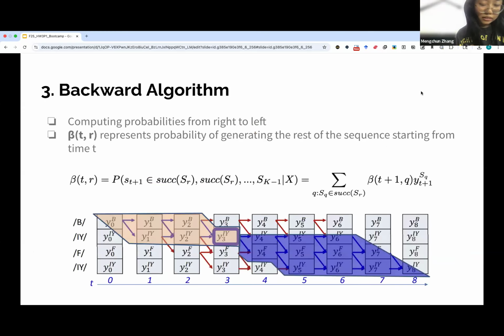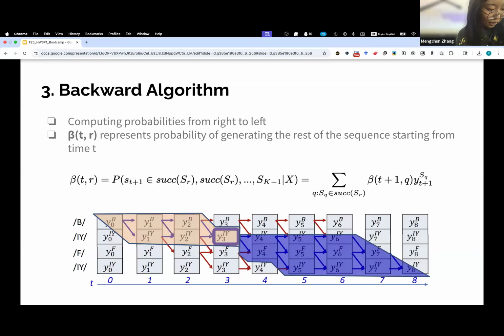Personally, I think this is because the forward algorithm moves from left to right, so at each step we look one step earlier, t minus 1, and multiply by the model's prediction at the current time t. The backward algorithm does the reverse: it moves from right to left and looks one step ahead, t plus 1, and multiplies by the model's prediction at the next time step, t plus 1.